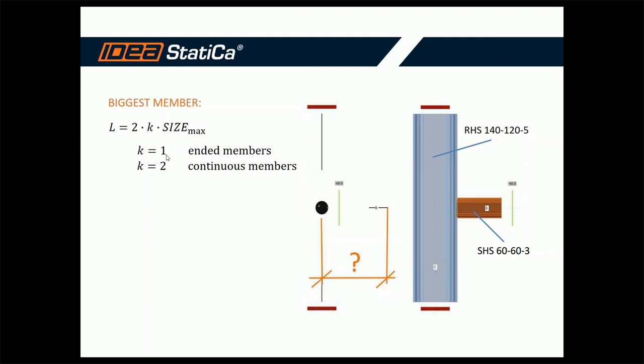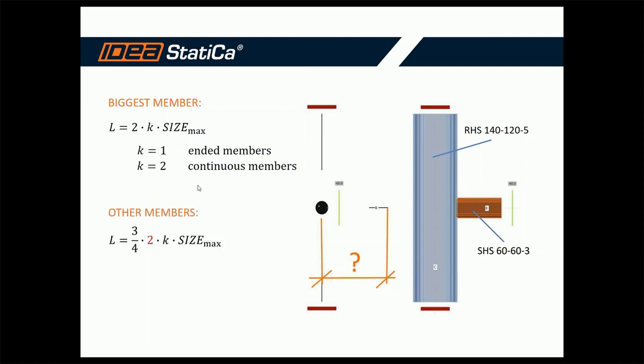It's 1 for ended members and 2 for continuous members. And what is the maximum size? The maximum size is the biggest size of the cross-section, not only of this member, but of all members in the connection. So generally, it will be the biggest size of the biggest member.